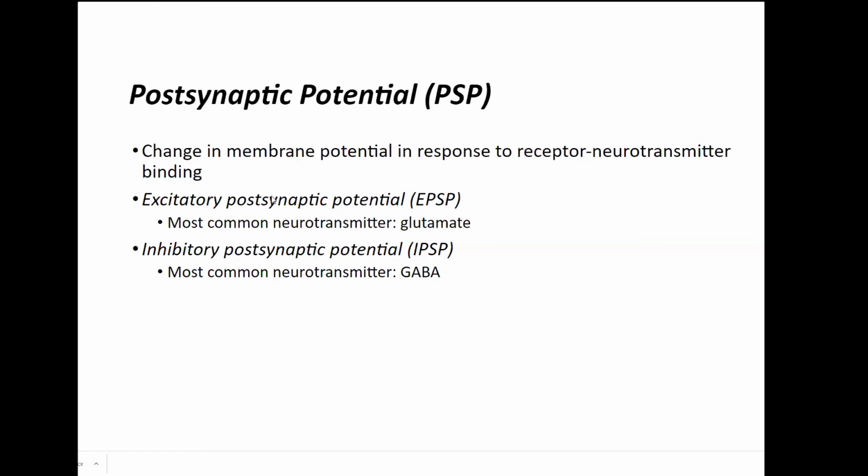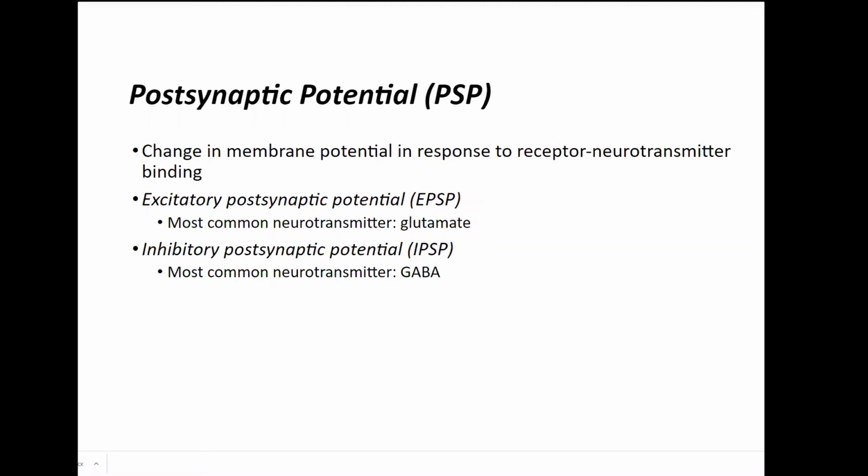So for postsynaptic potentials, we do associate specific neurotransmitters with either excitation or inhibition. Some neurotransmitters do both, and it depends on the receptor, but some neurotransmitters are much more commonly associated with excitation or with inhibition. So specifically, if we're thinking about excitation, our most common neurotransmitter is glutamate.